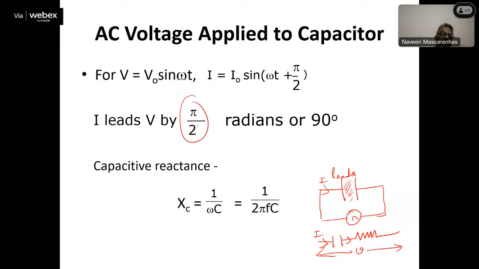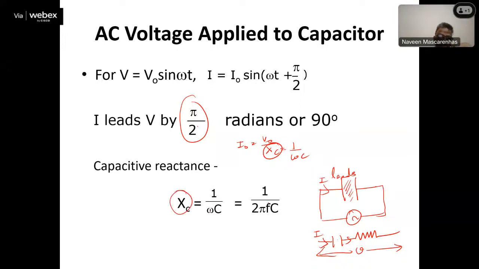If it's a pure capacitor, it is by an angle pi by 2. Otherwise, I is equal to I naught sin of omega t plus phi, where phi can be anywhere between 0 to 90 degrees. Again, here I naught will be equal to V naught by XC, and this XC will be equal to 1 by omega C, called the capacitive reactance.